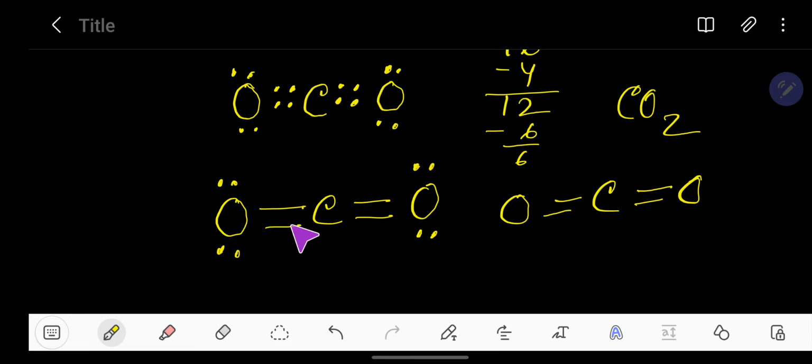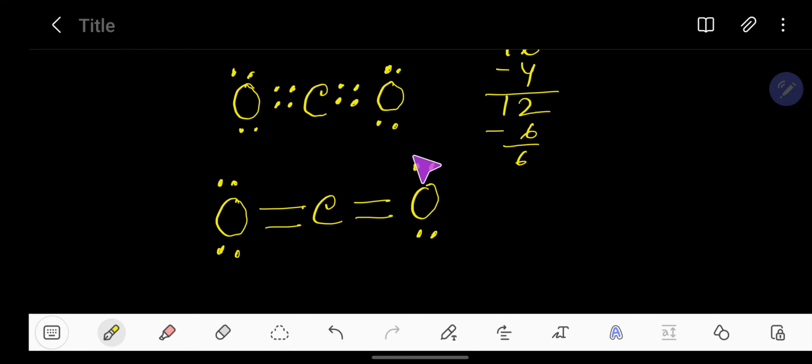That is, this structure expresses many things. It gives us more information than the structural formula, right? Look, here we are getting 1 lone pair, 2 lone pairs, 3, 4. So in the CO2 molecule we have 4 lone pairs, and we have 1, 2, 3, 4 bond pairs, right?